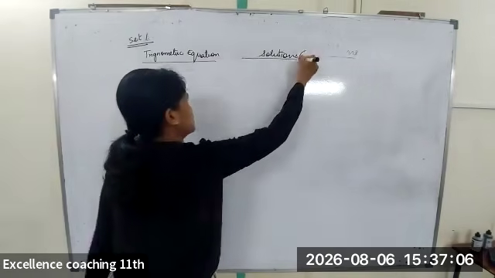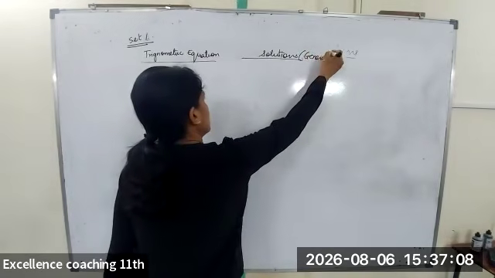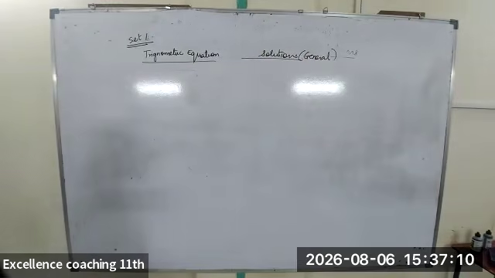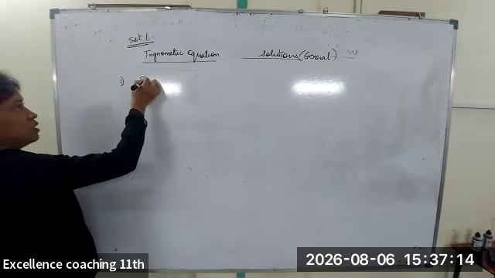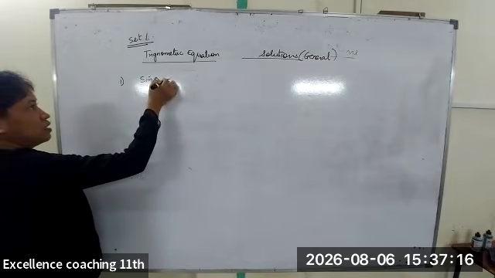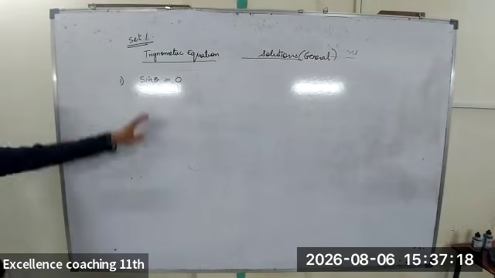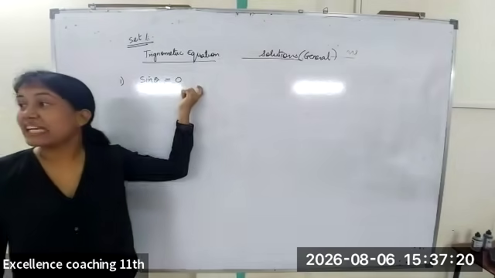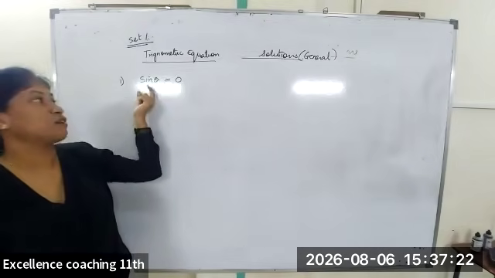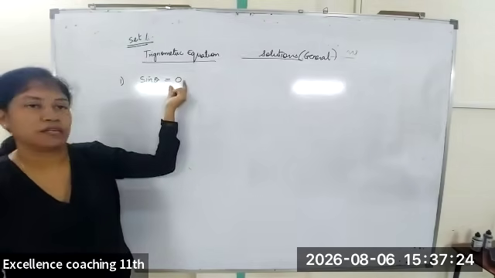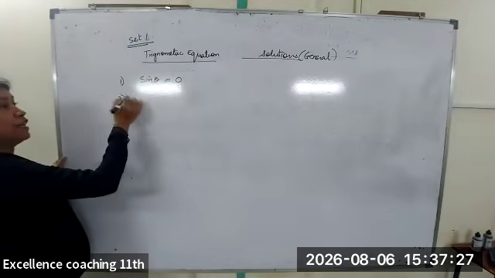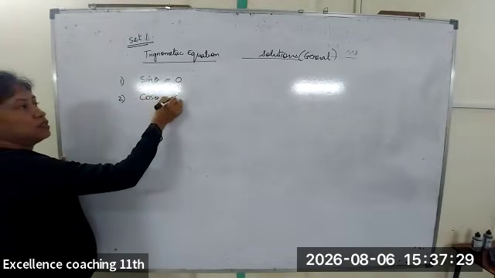Also, this is the general solution. These are all the categories where the right hand side will be 0, with the sine type versus 0 category, not some number. First, sin theta equals 0. Second, cos theta equals 0.